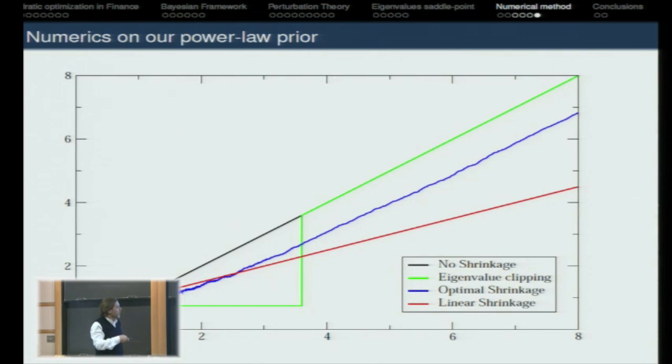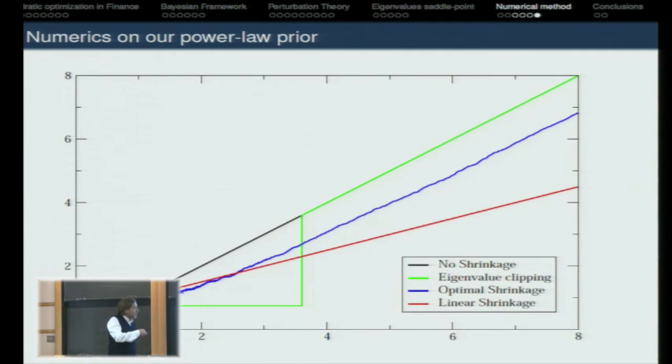And here's just a comparison with the two ad hoc techniques that we were doing before. Eigenvalue clipping: you keep the eigenvalues up to, in this case, eigenvalue 3.9, and if they're below 3.9, you put them all to a constant. This would be the green curve. And then linear shrinkage is just a linear function of what you observed. This is the blue curve.